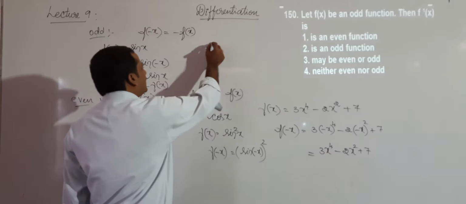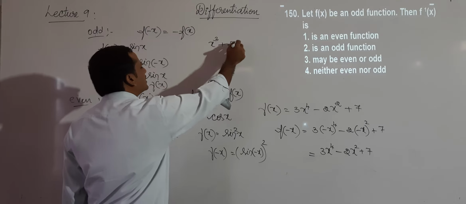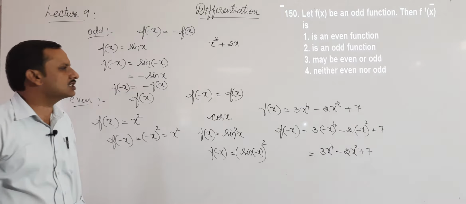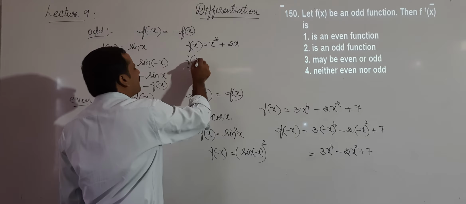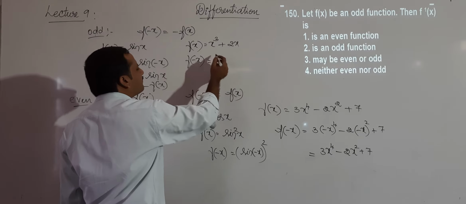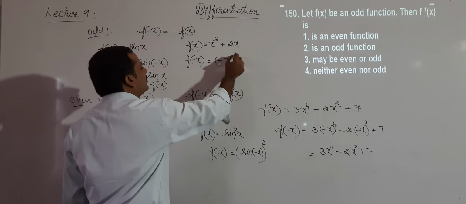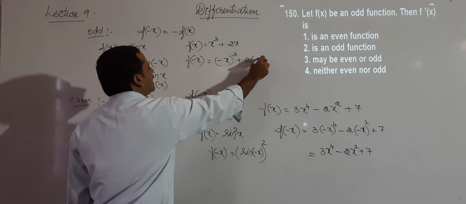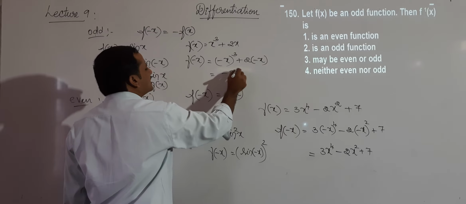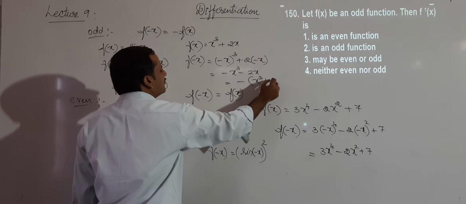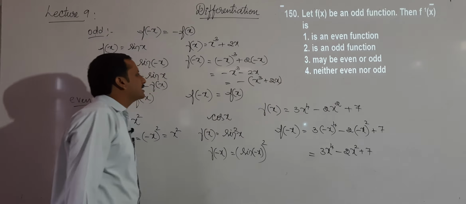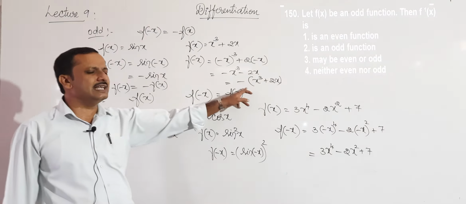Then x cube plus 2x. This is also an odd function. You observe here, if I call this as f of x, f of minus x is equal to minus x whole cube plus 2 into minus x. So minus x cube minus 2x. Take minus as common, minus of x cube plus 2x. So this will give you minus f of x.